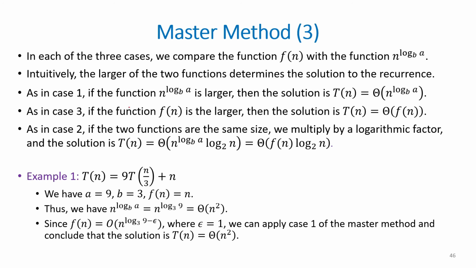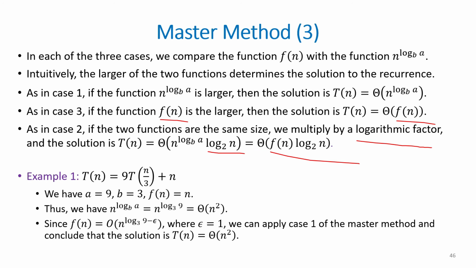In case 3, if the function f is larger, then the solution would be theta of f(n), which is very easy. In case 2, if both the functions are of the same size, then we multiply a logarithmic factor and we get a solution of theta of n^(log base b of a) times log n, which would be equal to theta of f(n) times log n. Note that the solutions are given in the form of theta notation.